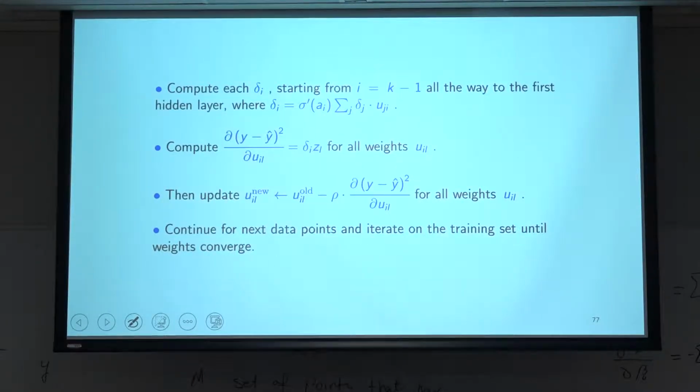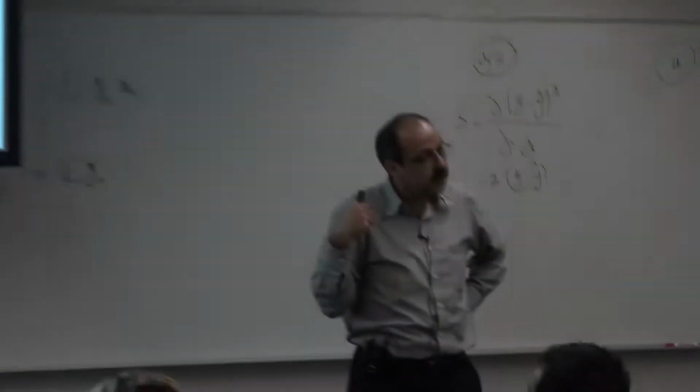You have delta I, you have delta J, you have all of the deltas. Then when you have all of the deltas, it's easy to compute the derivative, because the derivative is simply delta I times ZL, and you have ZL. ZL is the output of a perceptron. And you have the delta, so you have the derivative with respect to that weight. If you have the derivative, then you can apply gradient descent to that weight, the same way that we applied gradient descent to the perceptron.